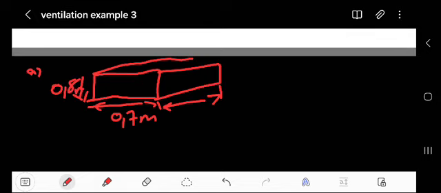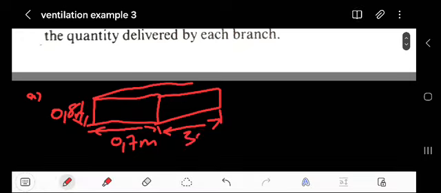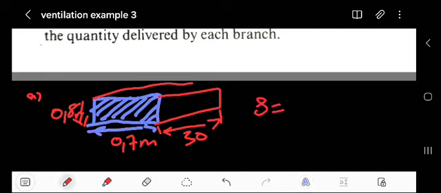The length is the one you have been given, which is 30. Remember our perimeter: we focus on this cross-sectional area when calculating the surface rubbing. Remember, the surface rubbing is equal to perimeter multiplied by the length. So we'll need to calculate the perimeter, also the length.